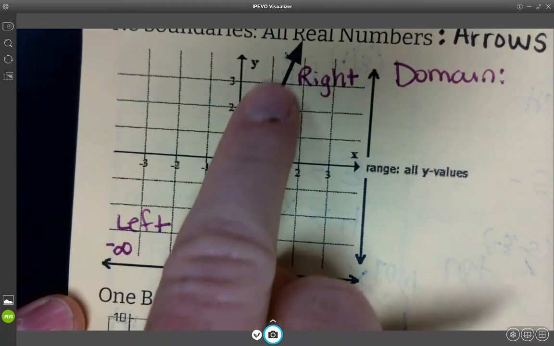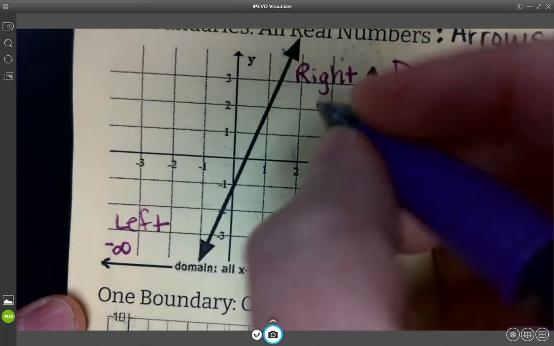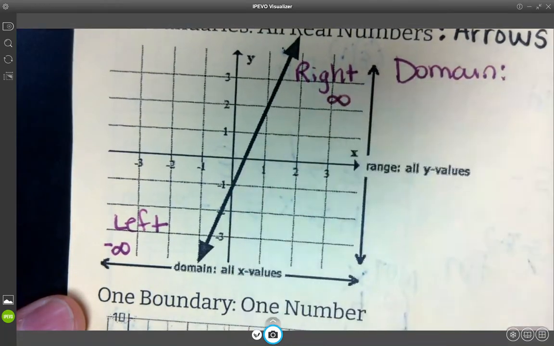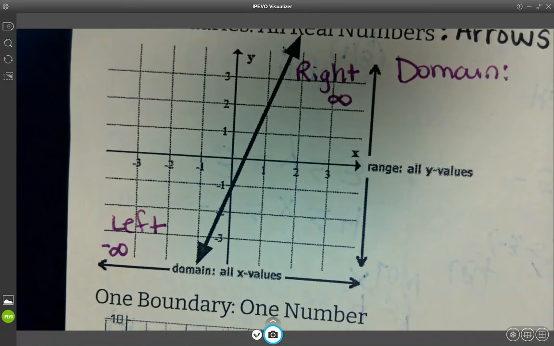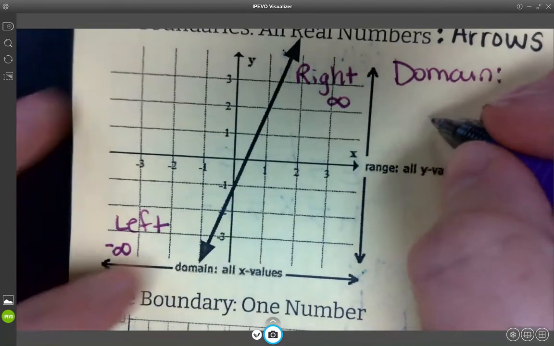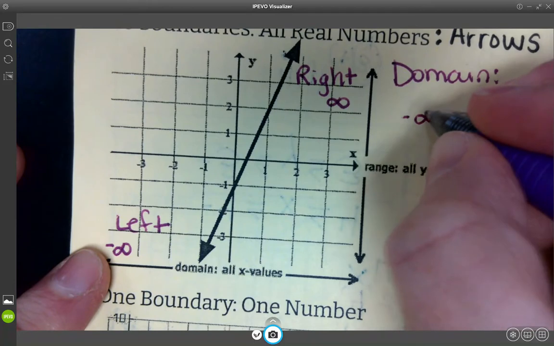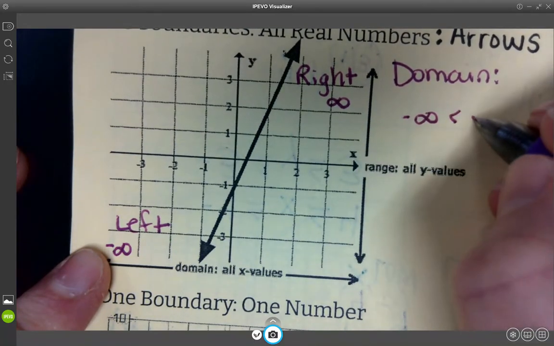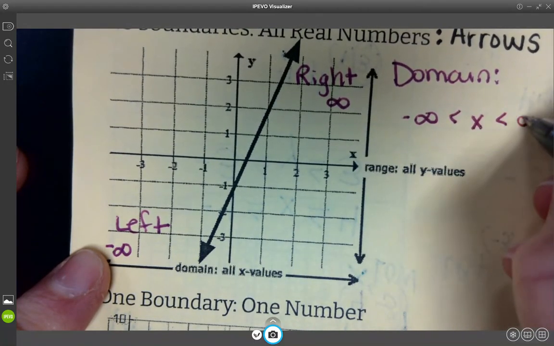So it's going to go on and on to the right to infinity. So put infinity over here for left, right. So we are going to write it the same way. Left is less than x is less than right. So -infinity is my left, is less than x is less than infinity.